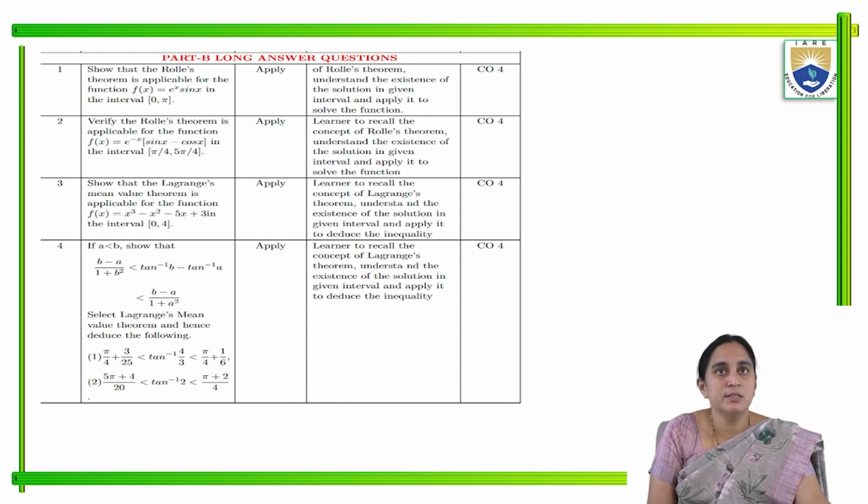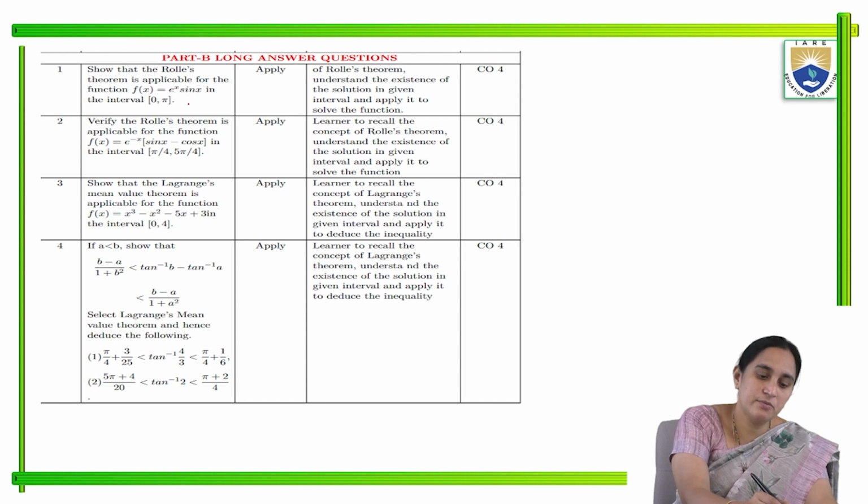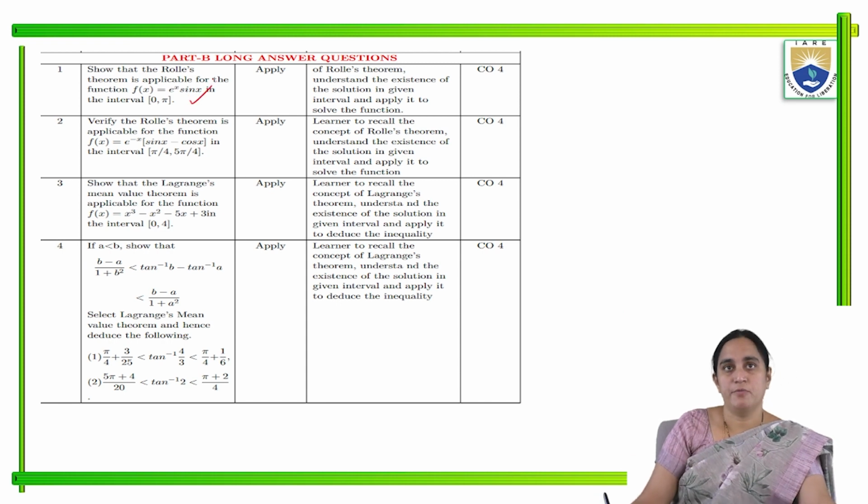What are the conditions for Rolle's theorem? The given function is exponential into trigonometric, so we have to verify that it is differentiable and continuous, and that f of a is equal to f of b. After that, there must exist a c in the interval such that f dash of c is equal to 0. We have to verify each and every condition for f of x.